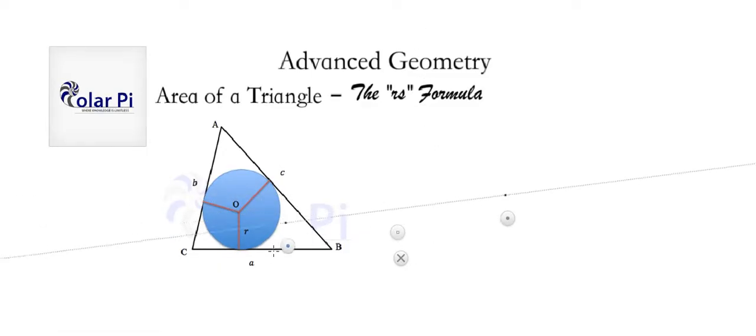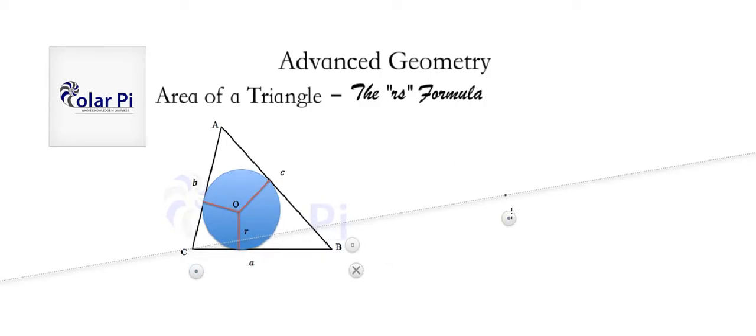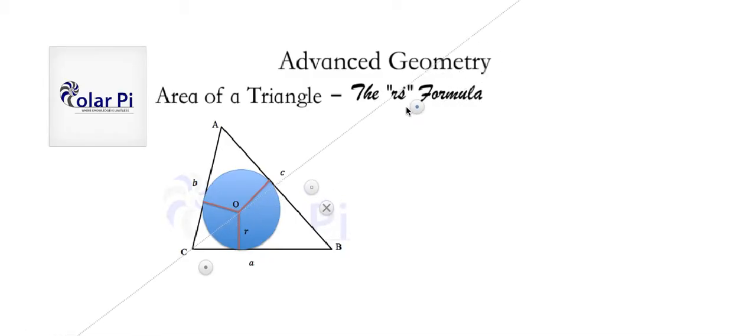So let's start by drawing lines from each vertex of our triangle to the center of the circle. One such line will look like this, and another one will look like this. Another one will look like this.